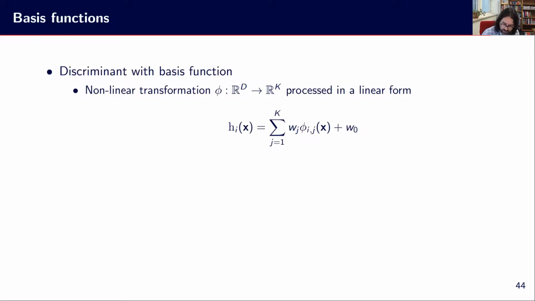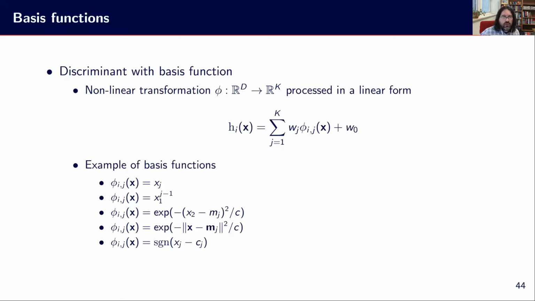We have our x data, and we apply the phi functions, the phi_j, each mapping the x from the input space into one of the components of the space R^k. So we have k of these functions making the mapping. And in that space we are applying a linear model. We are falling back on using a linear discriminant model, but in the new space.